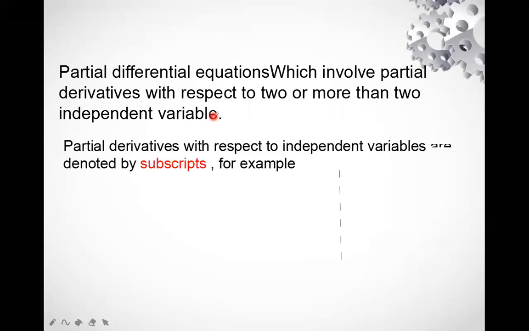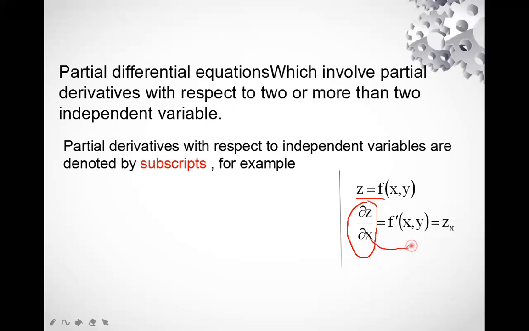Suppose z is a function of x and y. If we differentiate z with respect to x, we use this notation, the partial derivative of z with respect to x. Sometimes we also use this notation: dou z by dou x equals zx.